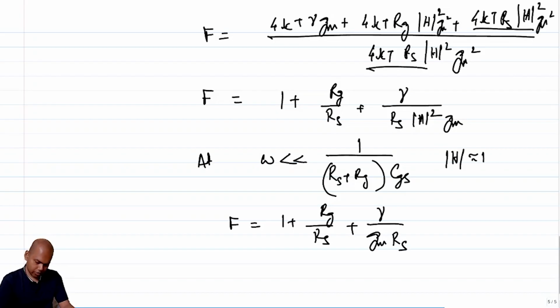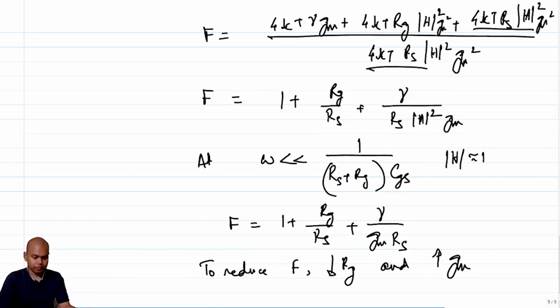Okay. So as a designer, to reduce F, what are the things that we are going to do? To reduce F, reduce Rg. This we can do by layout. And increase Gm, right?